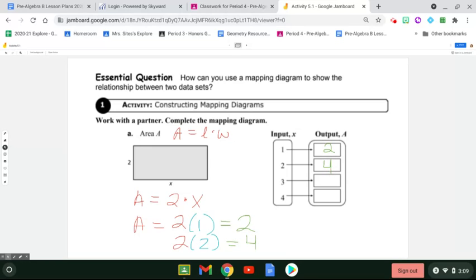Okay, then I'm going to do 2 times 3, and then I'm going to do 2 times 4 to get my outputs. So 2 times my input value of 3 will give me an output of 6. 2 times my input of 4 will give me an output of 8. Okay, so it sounds very similar to some things that we've learned in the past.